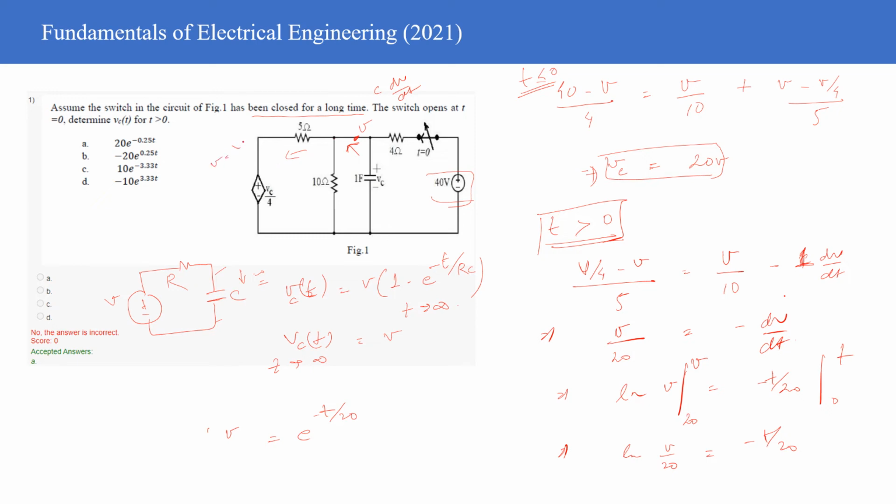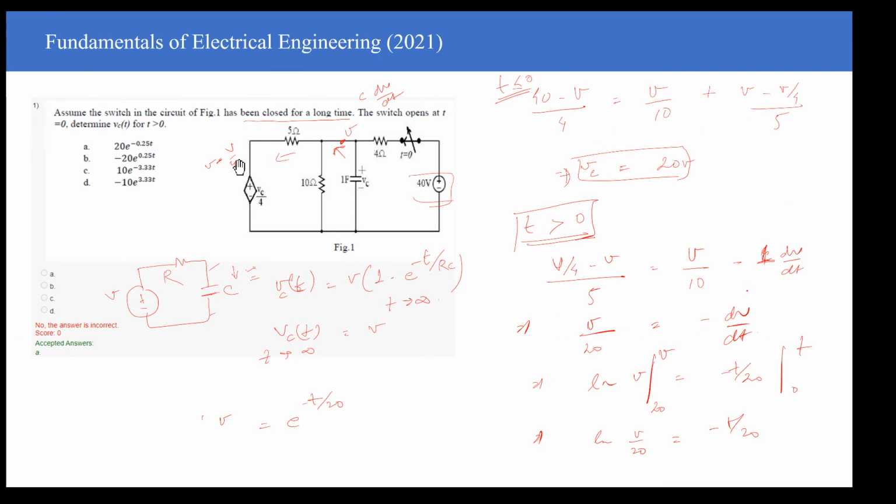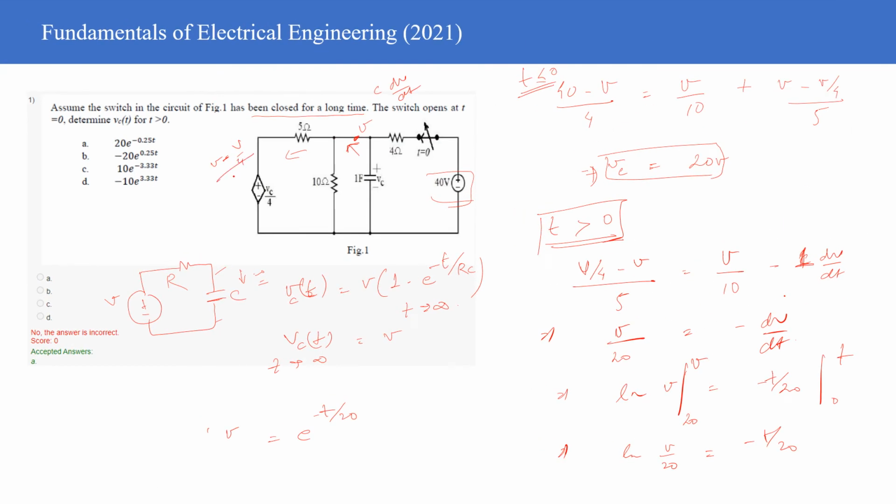So V minus V by 4, divided by 5, and this voltage divided by this resistance. So this will be V divided by 10, right? So this expression would change slightly, right? So this will become plus over here, right?